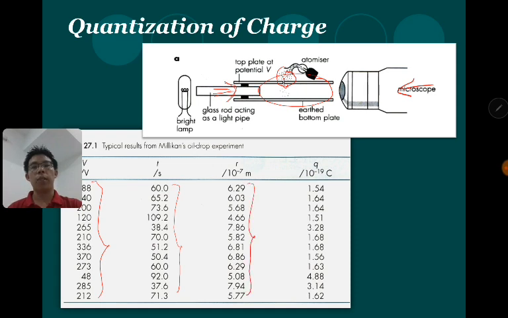Through these three quantities, their charge is calculated in the last column. Again, the detail is not needed here because this experiment is basically to show you the quantization of charge. The last column of this table is charge, in units of 10 to the power negative 19 coulomb, and you can see some values here.